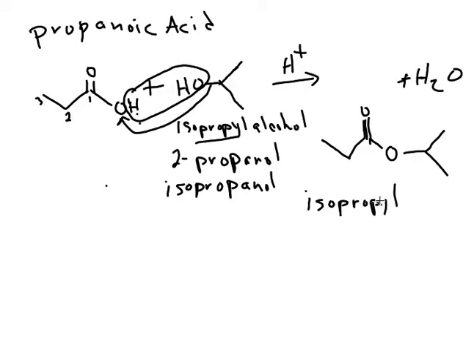And then the propanoic acid part becomes, the ic becomes an ate, and we call this isopropyl propanoate. So this ester is isopropyl propanoate. So this is an example of an esterification reaction.